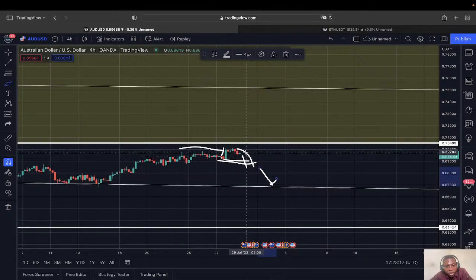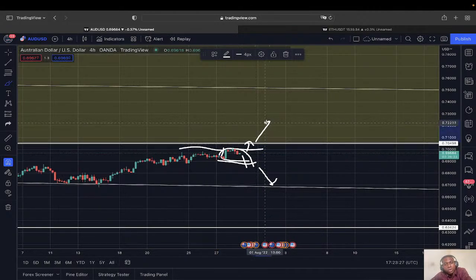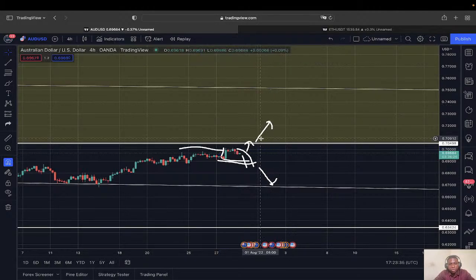But if the market comes and closes above this bullish engulfing candle, the high that this bullish engulfing candle has created, then you expect a bullish momentum. Out of those two, that is what we should expect from what price will do at that region.